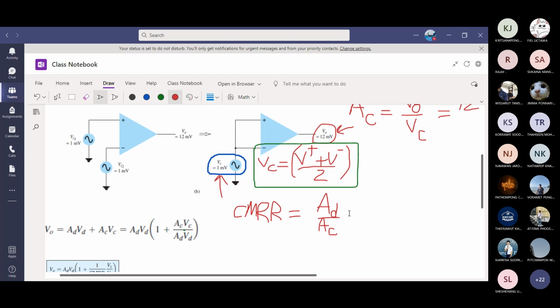This is a ratio, not a number with units. But if I ask you to express it in decibels, you take 20 log of your answer. I'm going to do it in the calculator, 20 log of this answer. 56.48 decibels.